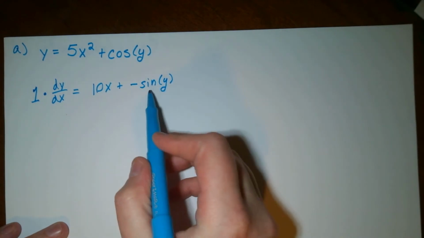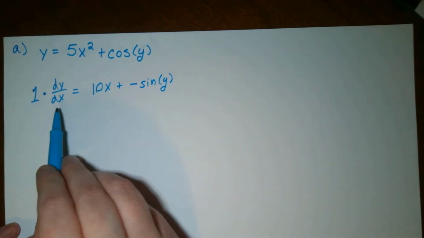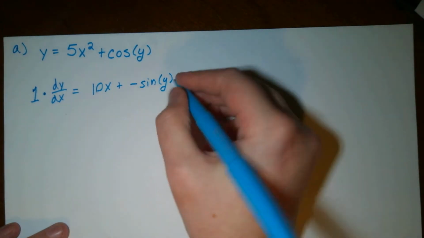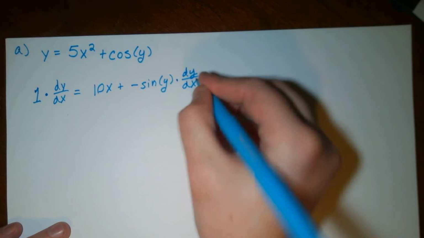Now remember, I took the derivative with respect to y, so if I want this derivative to be with respect to x, I need to multiply it by that dy over dx.